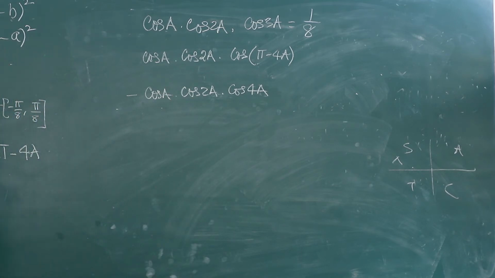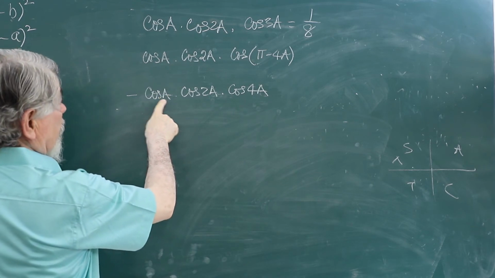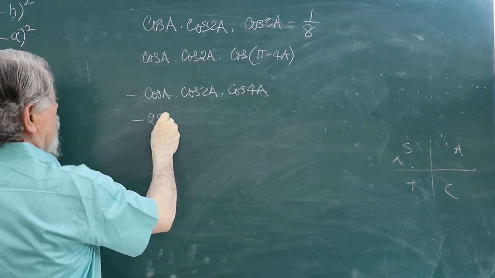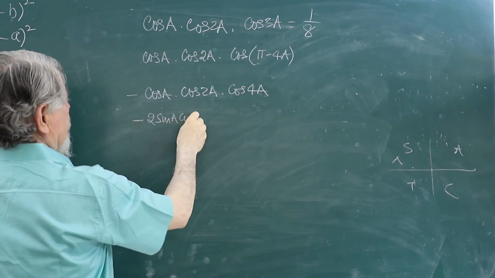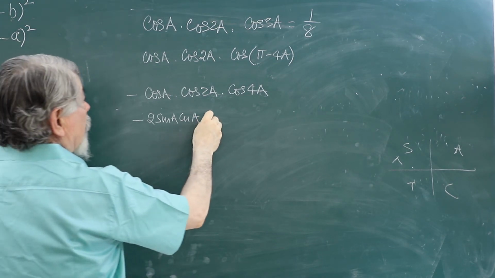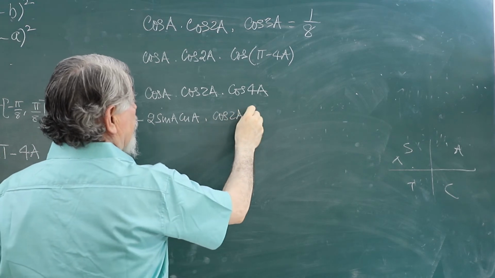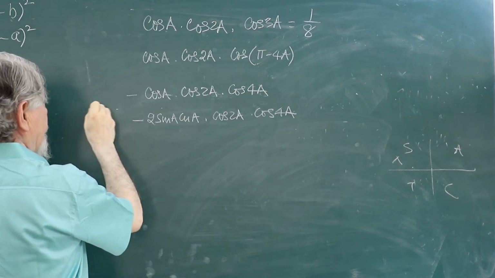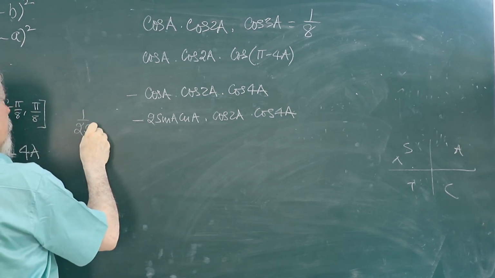So what can we do? If I write it in the form of 2 sin A cos A, it will become sin 2A. Let's write minus 2 sin A cos A. That means I have multiplied it by 2 sin A, so I have to obviously divide by 2 sin A also.